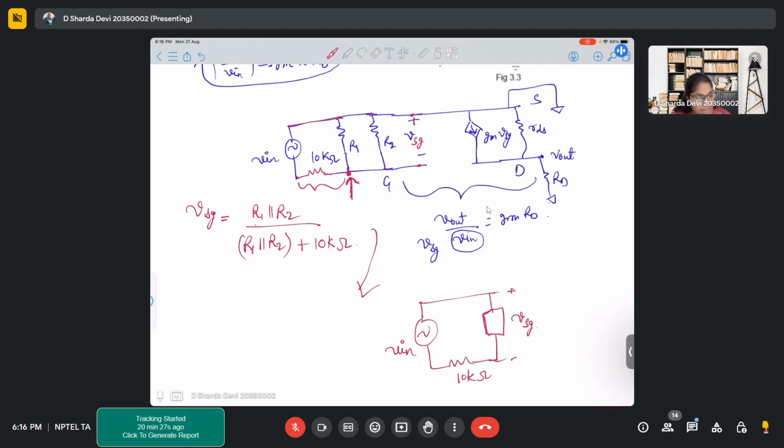So it appears as 10 kilo ohms is in series with this combination of R1 and R2, and here Vin. So now your VSG is actually R1 parallel R2 by R1 parallel R2 plus 10K into Vin. Is this clear to everyone how we got the VSG? Yes, any doubts in VSG?